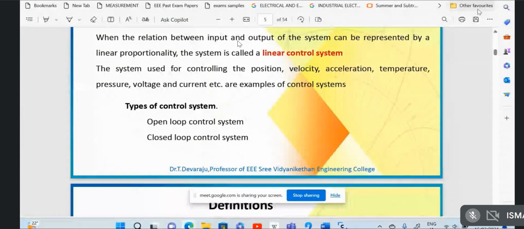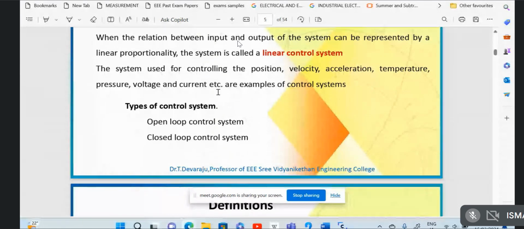So any control system is designed to control either the orientation of the plant, the movement of the plant in terms of speed and acceleration, even the temperature of the room, the temperature of the boiler, the temperature in the factory, the pressure. If these things are not controlled, you expect to have a disaster.